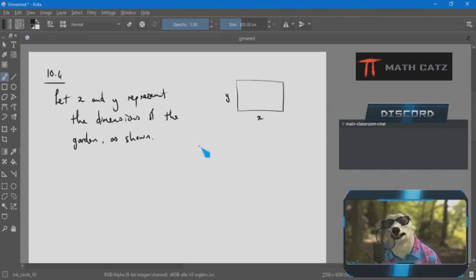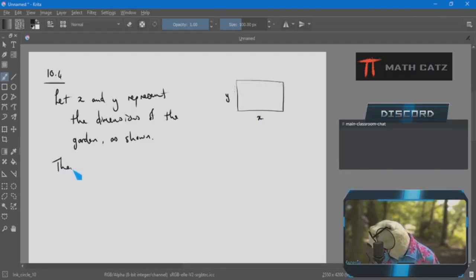So now I know what X and Y represent. If I look at my question, I have 100-foot long fencing to use. So that means the fence is going to go all the way around. It's going to be the perimeter of the garden.